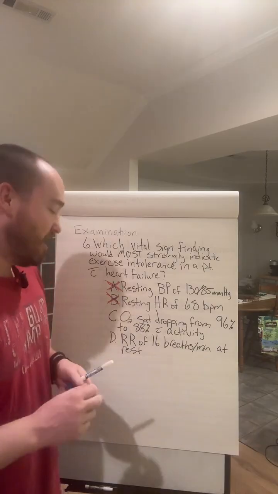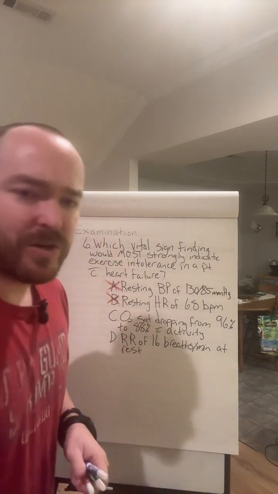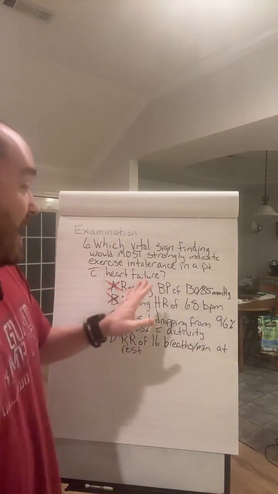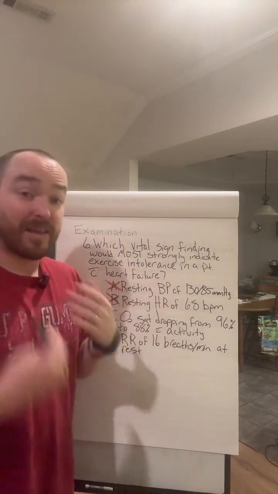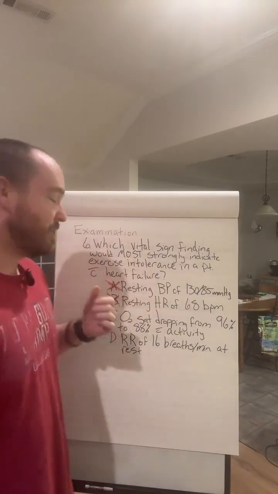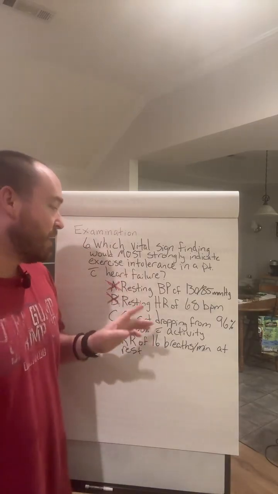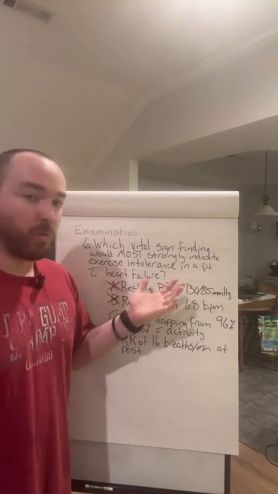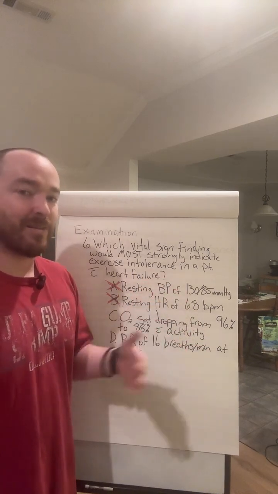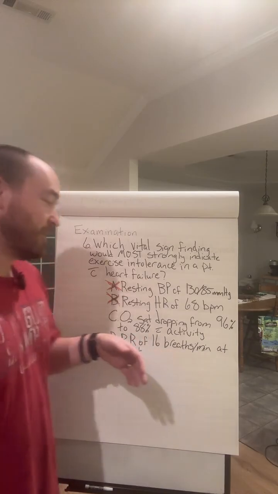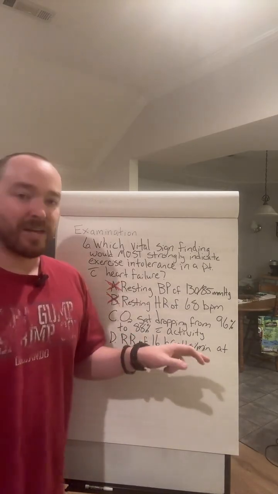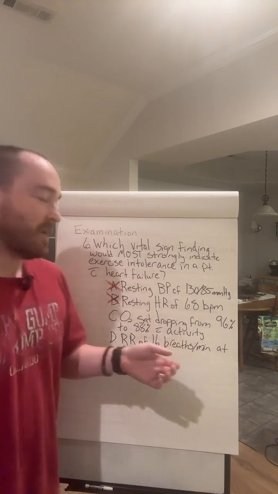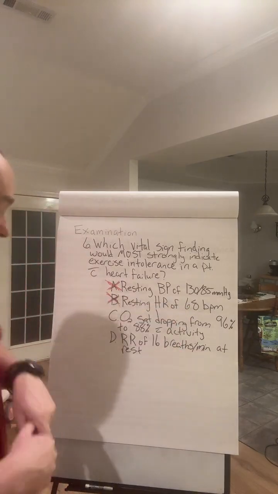Normal is 12 to 20. Clinically speaking, if I walked in the room and a patient at rest had a heart rate of 105 or 110, I'd think you're not going to respond well to exercise. If their respiration rate at rest is 30, then likewise. But all of these are within normal limits.